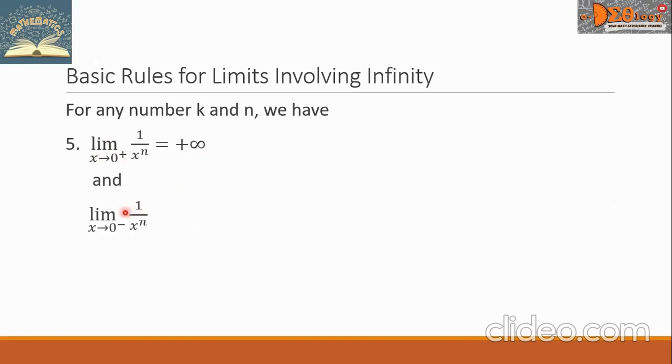And the limit of the function 1 over x raised to n as x approaches 0 from the left equals, the answer is positive infinity if n is a positive even integer starting from 2 onwards. Or the answer is negative infinity if n is a positive odd integer starting from 1 onwards.